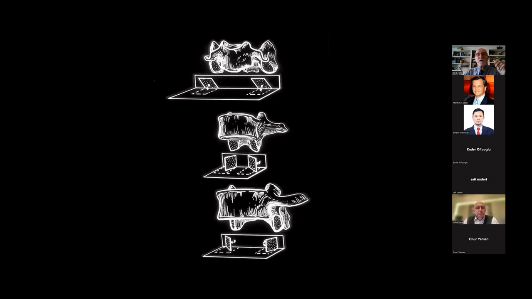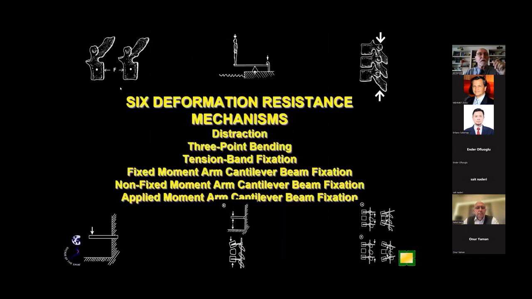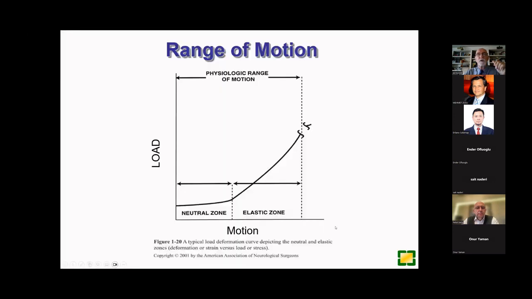The orientation of the facet joints are critical. In the cervical region, they're coronal, and in the lumbar region, they're sagittal. This affects motion. And for example, in the lumbar region, there's very little rotation because of the sagittal orientation. We can distract the spine, we can apply three-point bending, we can apply compression, and we can utilize a variety of cantilever beams to restore function.